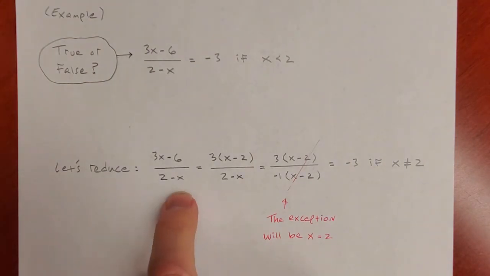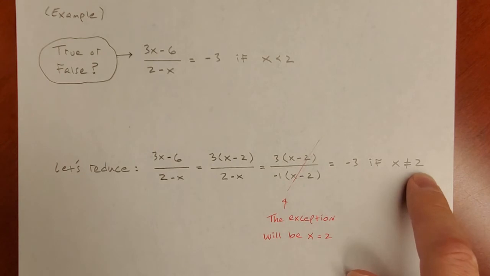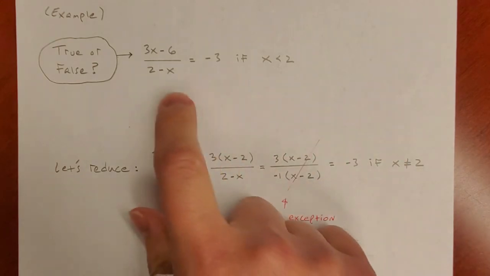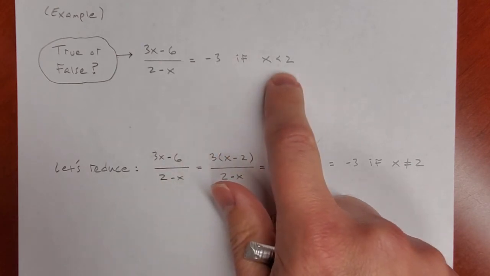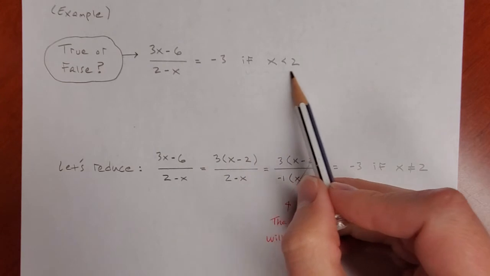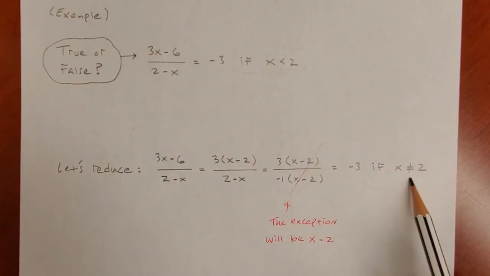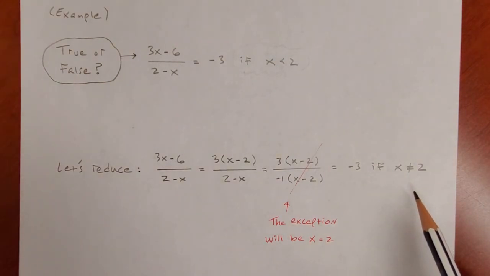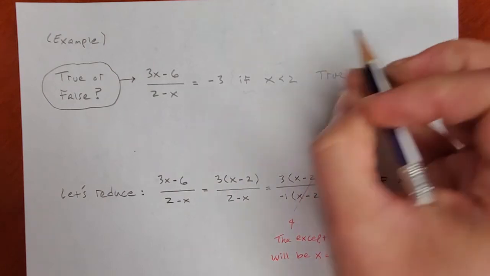If this reduces to that, as long as x is not 2, can I say that this will be equal to this if x is less than 2? Well, think about it. Does this condition include the number we must leave out? No, it doesn't. So since it doesn't, it's a true statement.